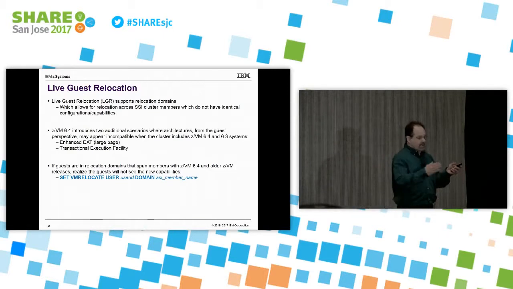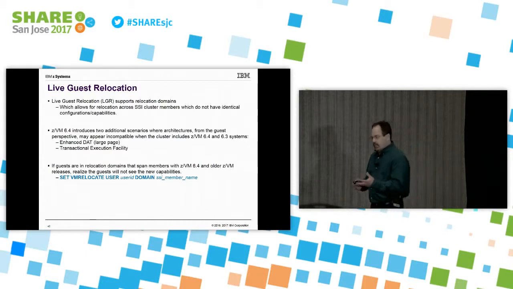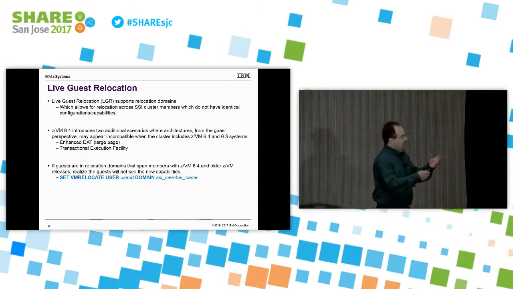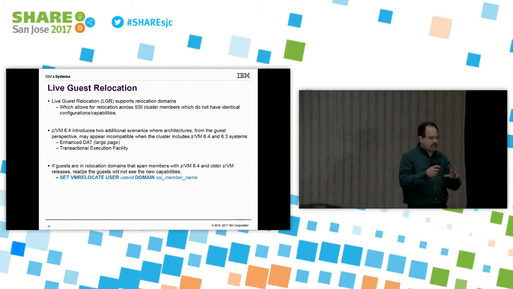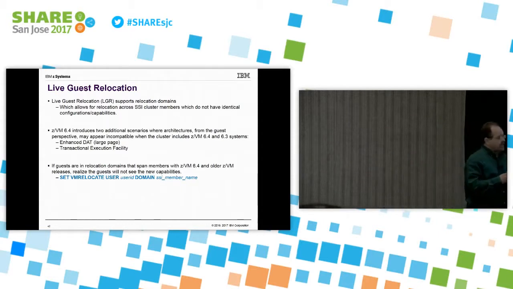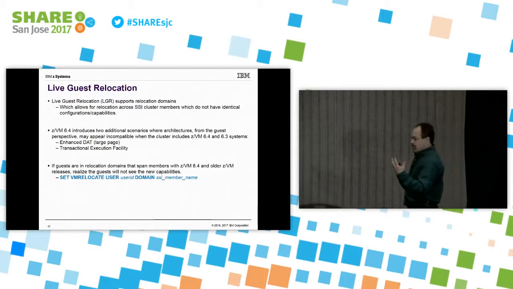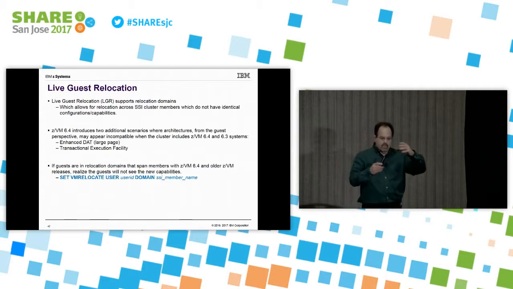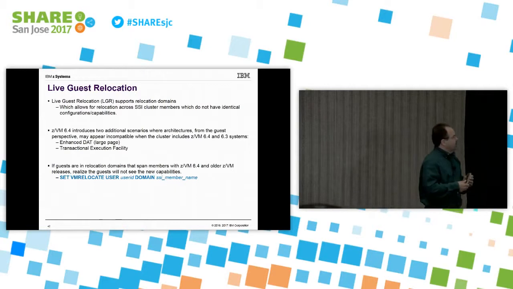So if you're running in a mixed cluster, the enhanced stat and transaction execution facility, which are supported for guests in 6.4, won't be available to the guests if you have them both in the same relocation domain. So you can define domains differently. Maybe you put all the 6.4 members in one domain if you have multiples, and the 6.3 members in a separate one, so you can move guests between those. So just something to be aware of.